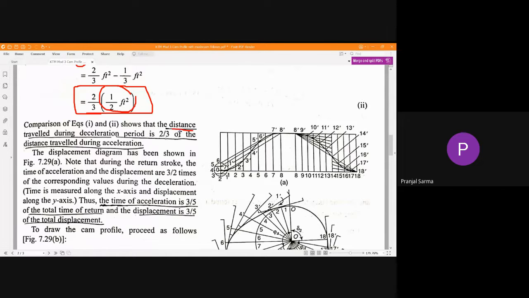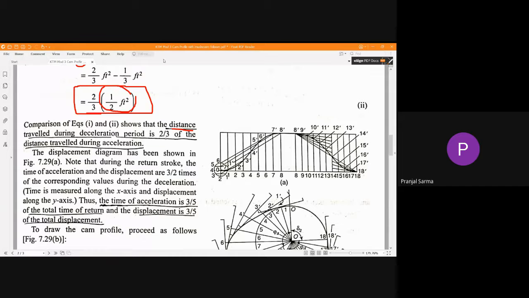Okay, so now we have found out the relationship with respect to the distance that is being traveled during the acceleration portion of the return stroke and during the deceleration portion of the return stroke, because the return stroke itself comprises two different phases, the acceleration phase as well as the deceleration phase.